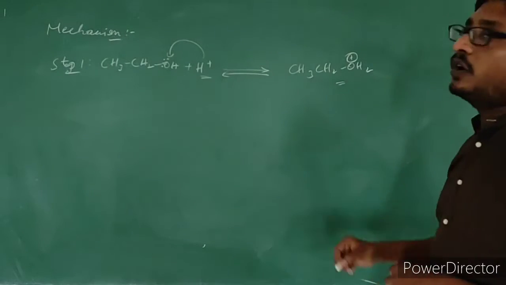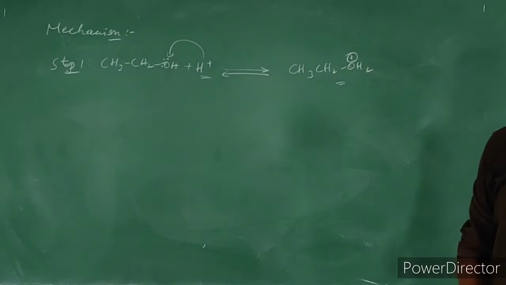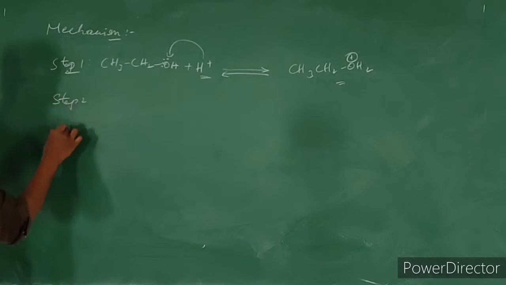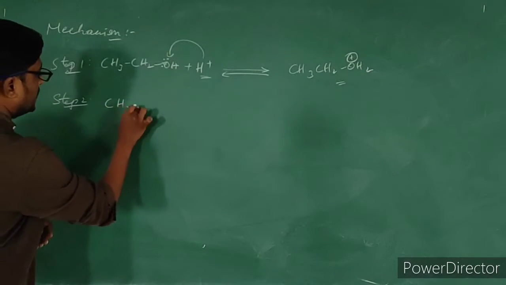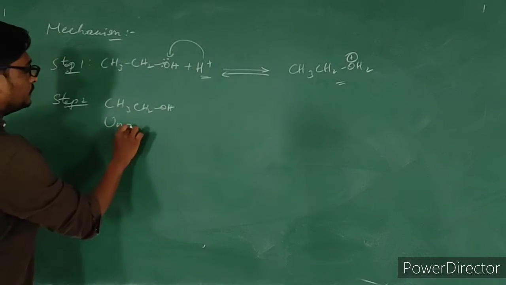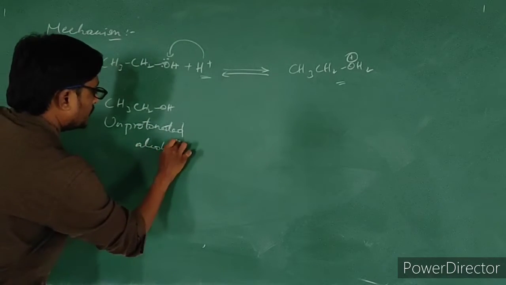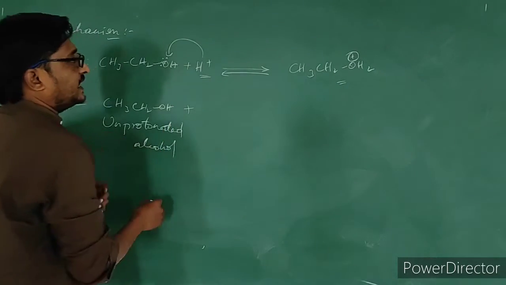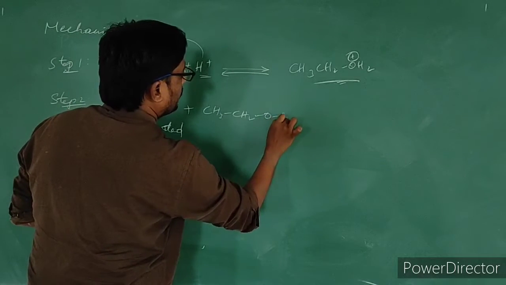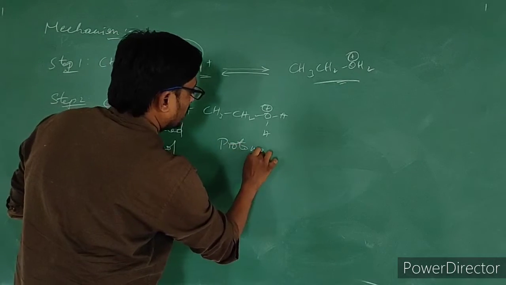Now this protonated alcohol will be attacked by an unprotonated alcohol molecule. In step 2, CH3CH2OH is the unprotonated alcohol, the normal alcohol, and it attacks the protonated alcohol.